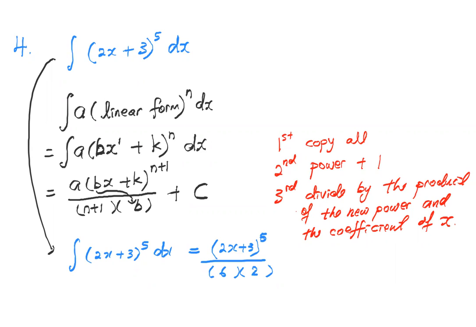Then plus c. So it will be 2x plus 3 to the power of 6 divided by 12 plus c. Inside must be linear. Got it? Good. So now I want to challenge you.